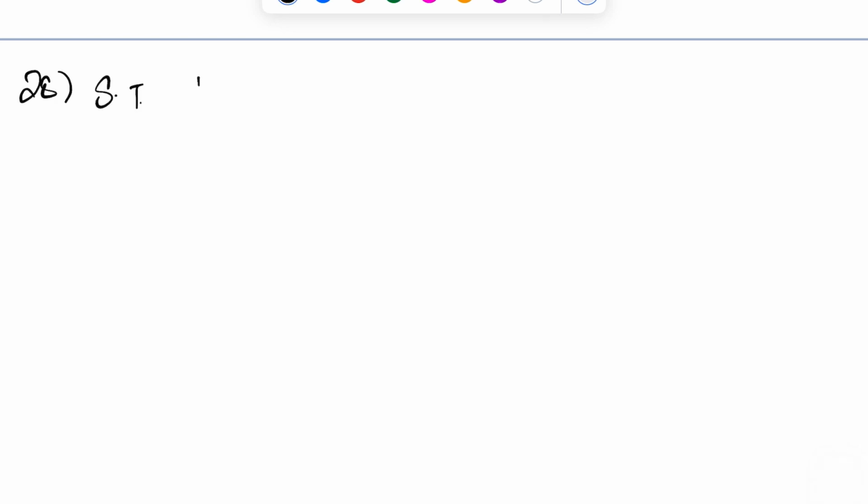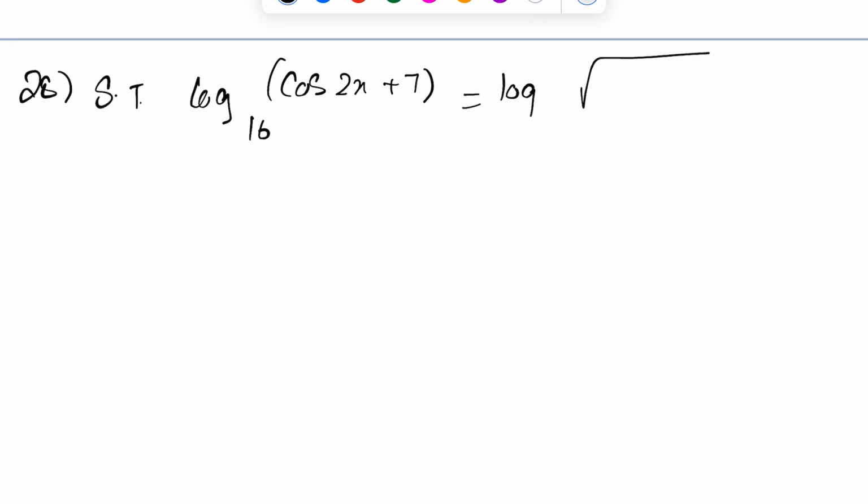Show that log of (cos 2x plus 7) to the base 16 equals log of square root of (cos 2x plus 7) to the base 4.